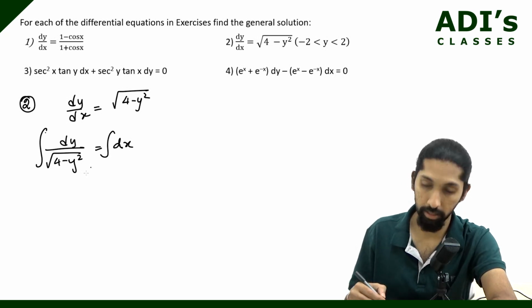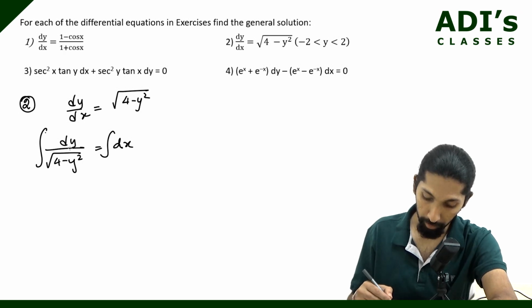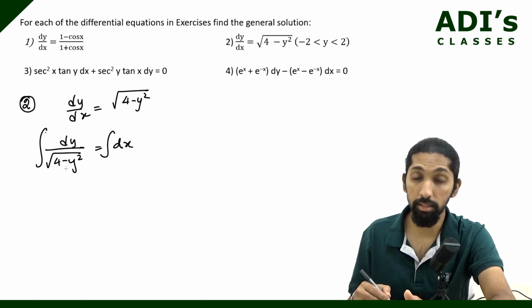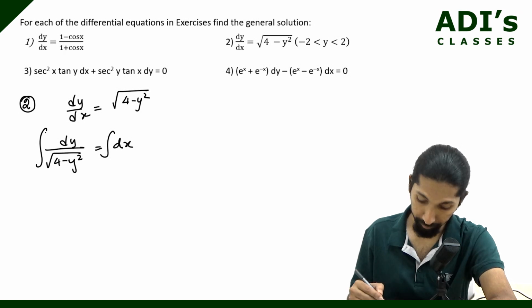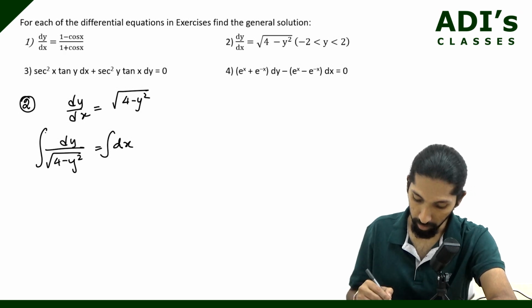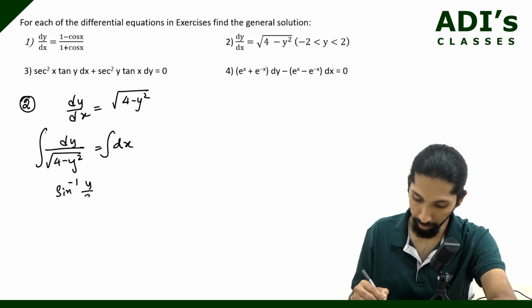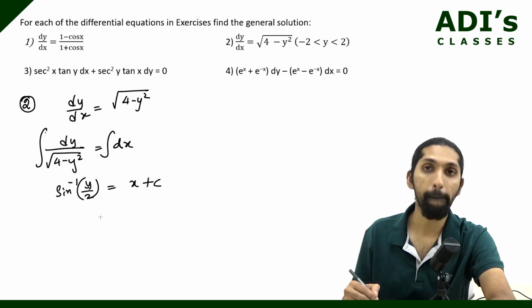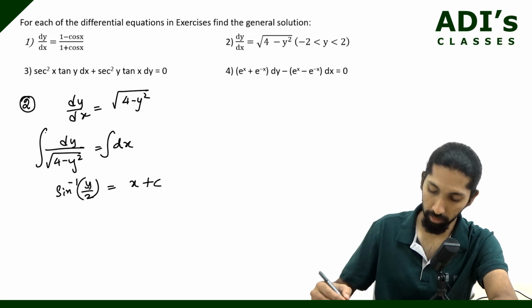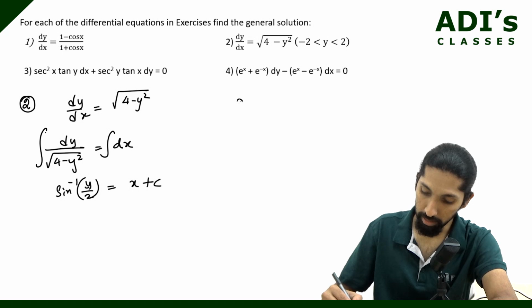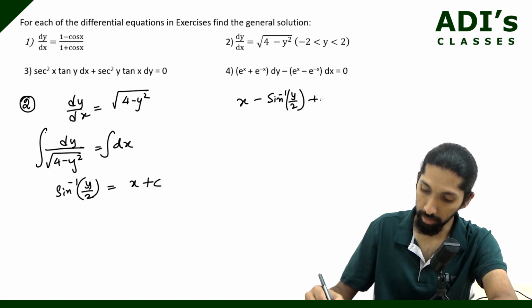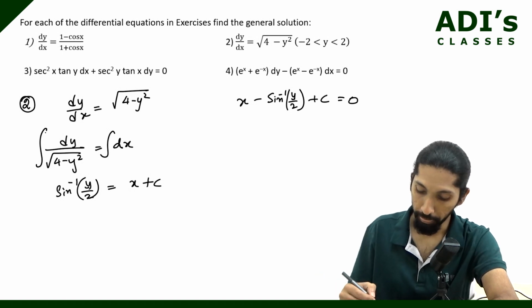Integration of dy by root of 4 minus y square, what is it? Isn't it sine inverse? So you have sine inverse of y divided by 2 is equal to x plus c, isn't it? So take it down to the other side: x minus sine inverse of y by 2 plus c is equal to 0.